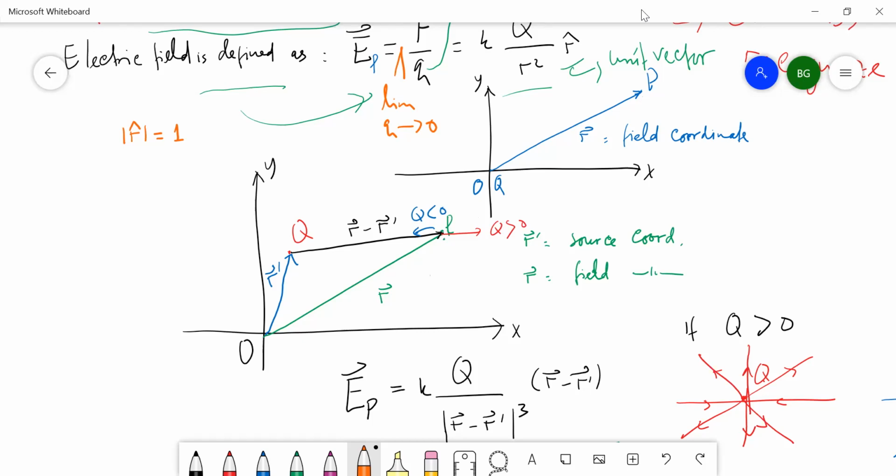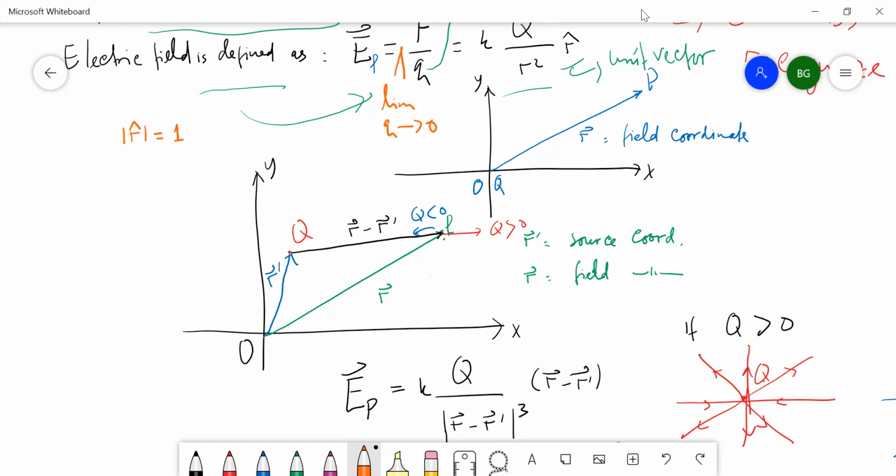And then the distance between the origin and a point P, we call it R, the position vector. So this R prime we call the source coordinate, and this R vector is the field coordinates.